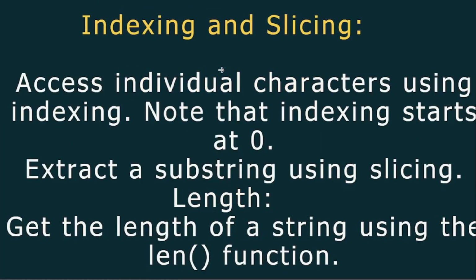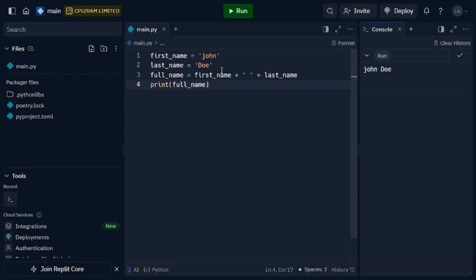Now we have indexing and slicing. Strings in Python are indexed, meaning each character in a string has a position. Starting from 0, you can access individual characters using the index. Now we will see an example for this.